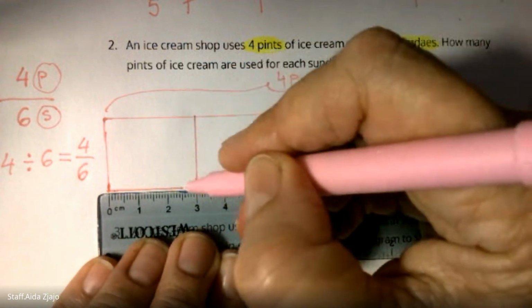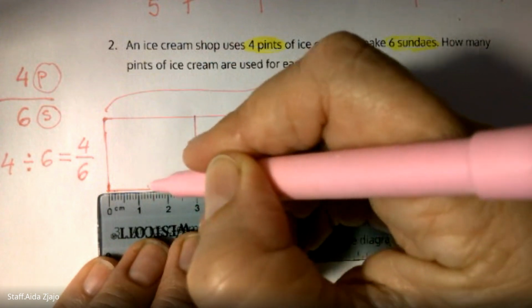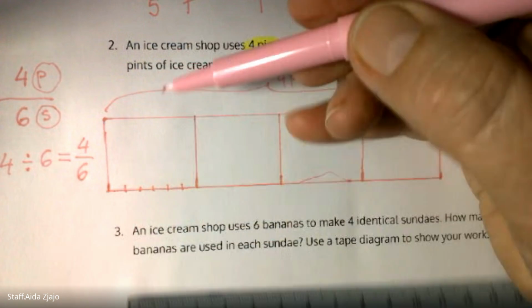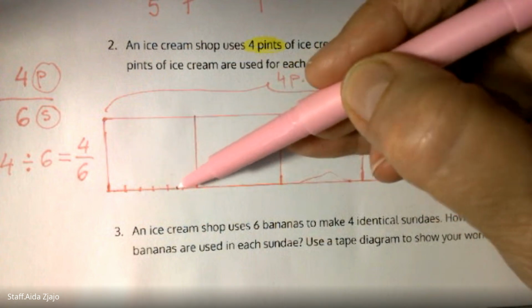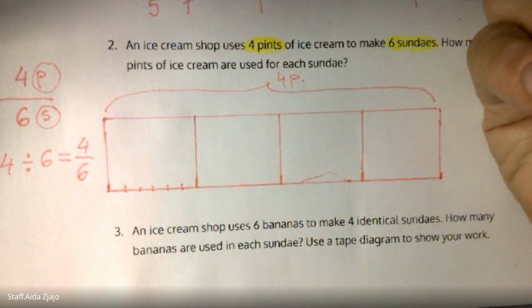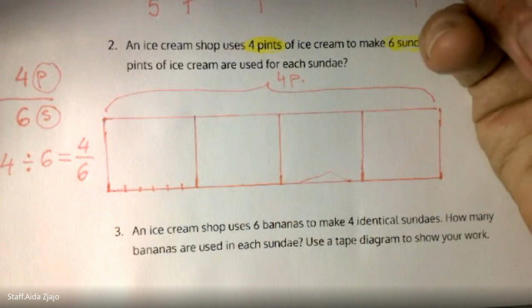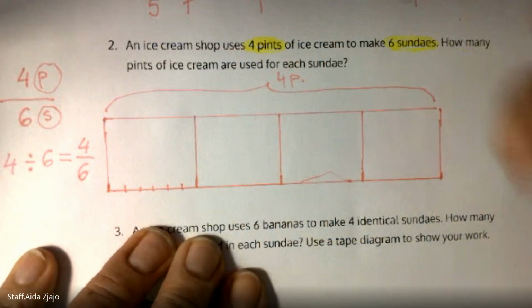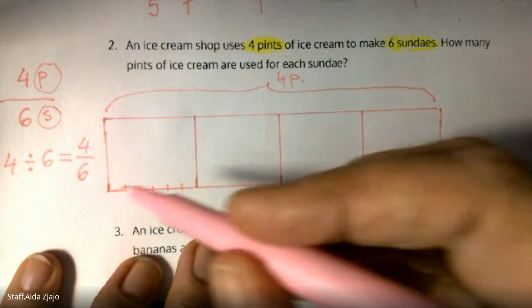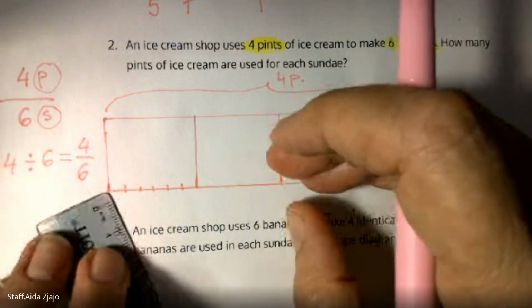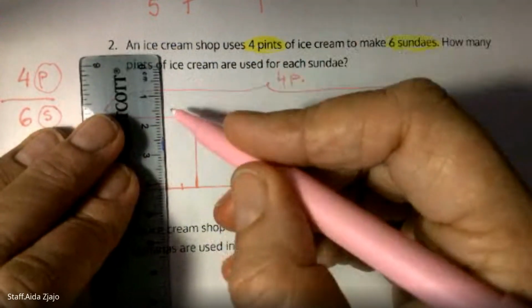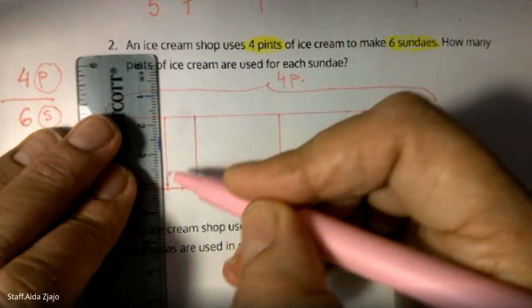I have 5 lines. I make 6 pieces: 1, 2, 3, 4, 5, 6. But then I also can think that 4/6 could be simplified by combining these two pieces to make thirds. So instead of doing sixths, I'm going to do thirds.